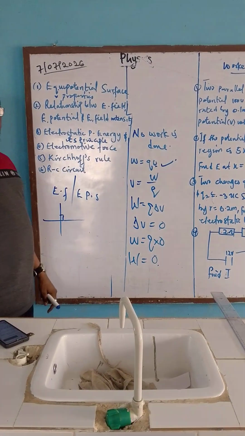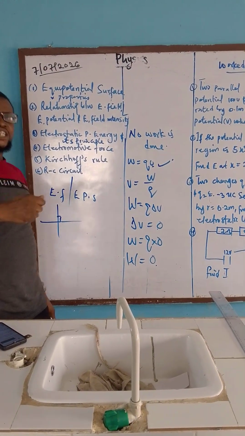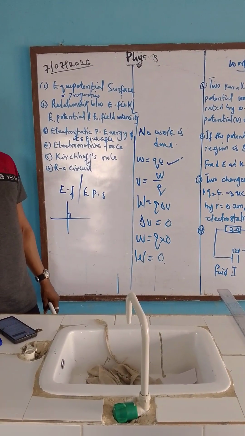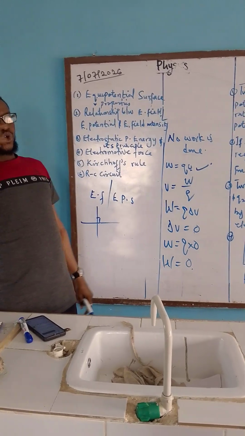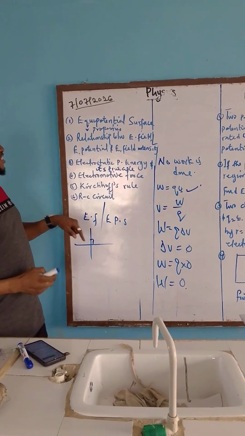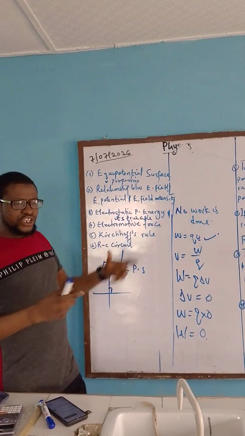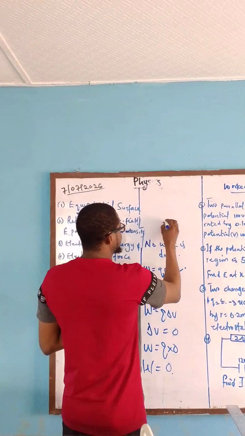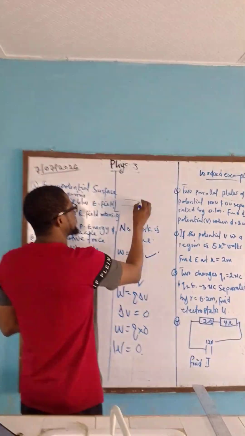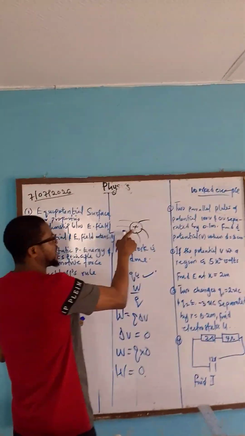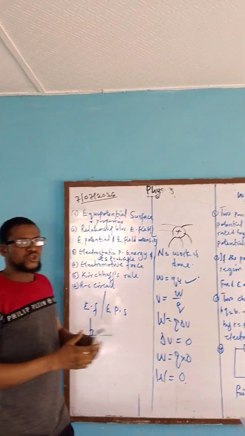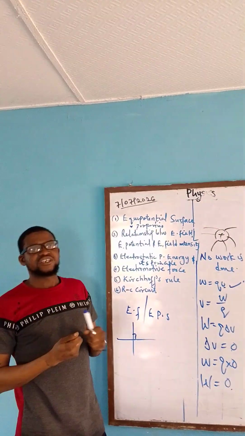Electric field is a region or space where a charged body feels electric force of attraction. We have discussed that one previously. I repeat again. Electric field is a region where a charged body, this is a charged body. So in all this region, this charged body will be feeling some force or forces of attraction.